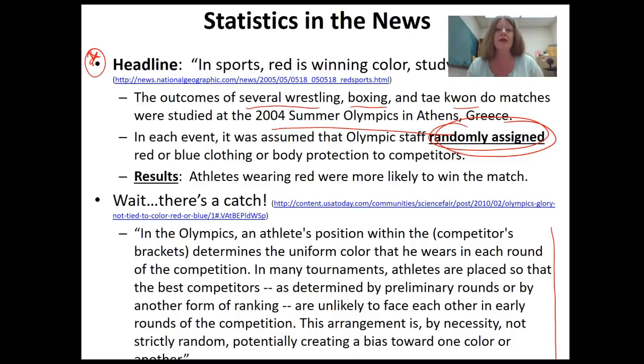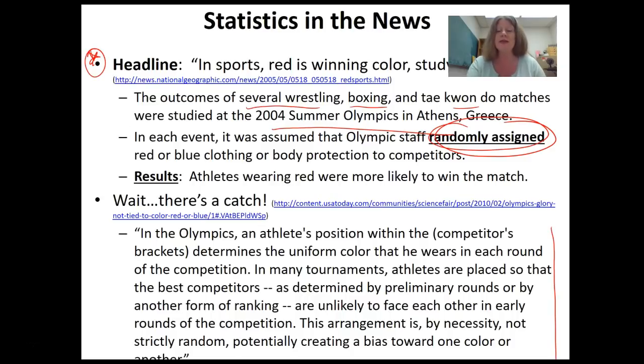So none of it is really random. And so there are other possible things going on here that could explain why those players who wore red just happened to win more during that particular Olympic game.